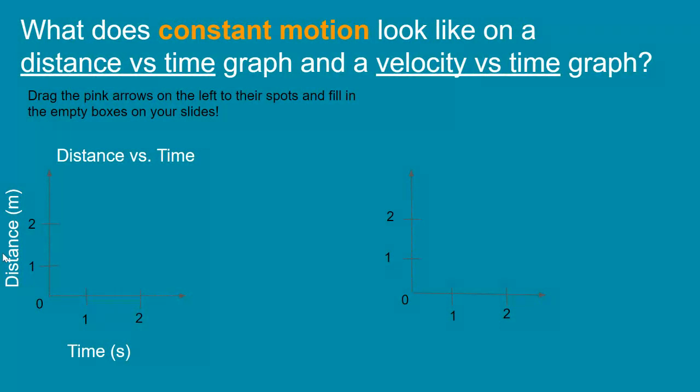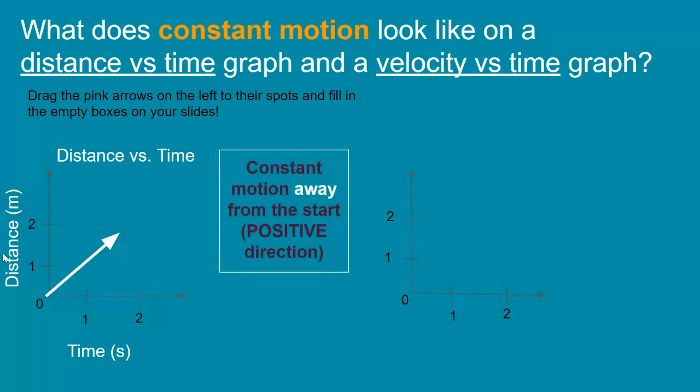And if we're talking about constant motion, that means that I have to have a constant slope. So we're going to have that constant positive slope to indicate that we have an object that's moving away from the starting point at a constant speed. We wanted a constant motion away from the start, in the positive direction.